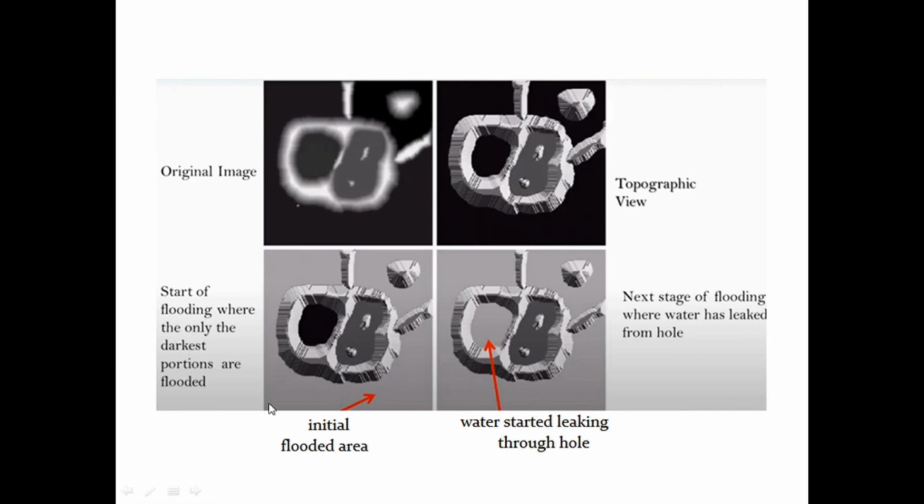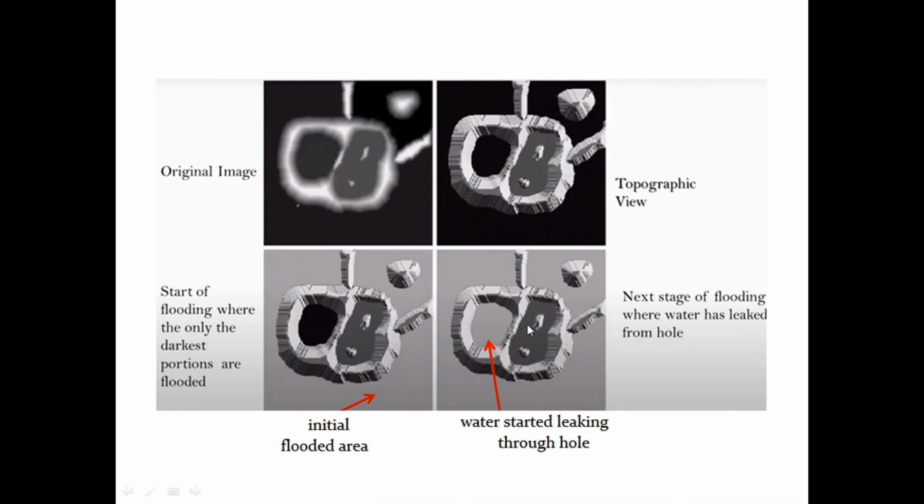This is the initial flooded area, like an object that is going to be immersed into the water body here. Here my water started leaking through the hole, and in the next stage of flooding, water has leaked from the hole.